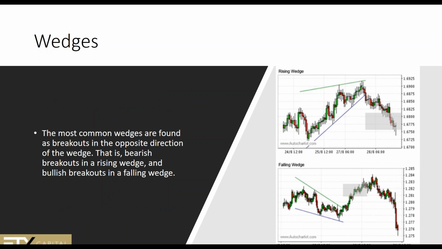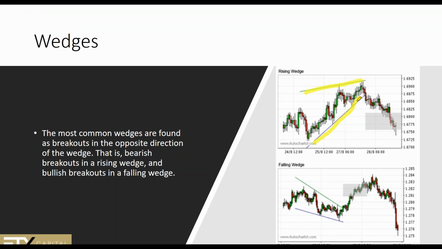Now, wedges, the most common wedges are found as breakouts in the opposite direction of the wedge. That is a bearish breakout in a rising wedge. So this is a rising wedge.